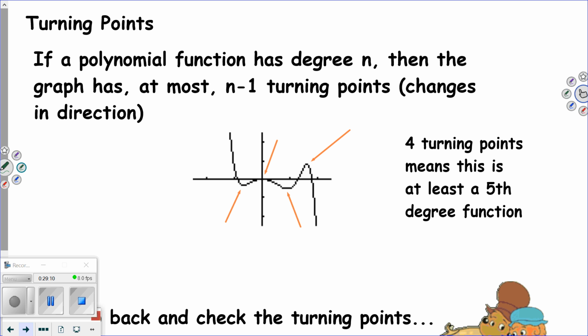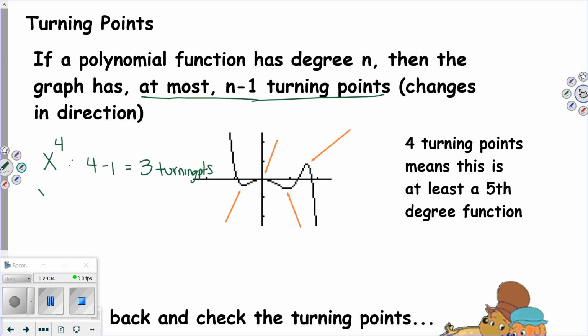So if a polynomial has a degree of n, then the graph has at most n minus 1 turning points, or changes of direction. So if I had x to the 4th, it'd be 4 minus 1. It would have at most 3 turning points.